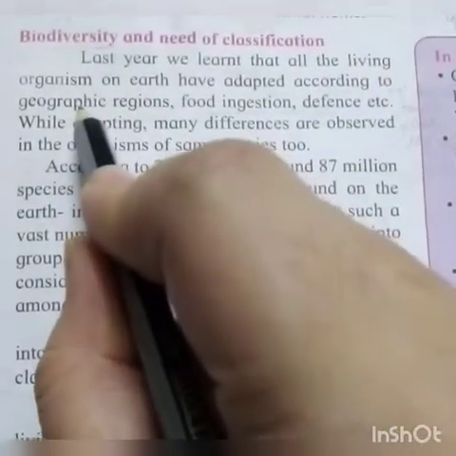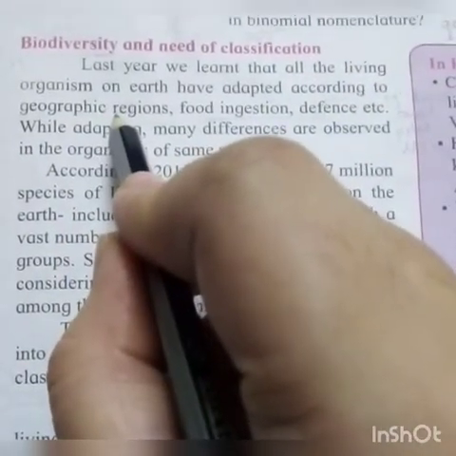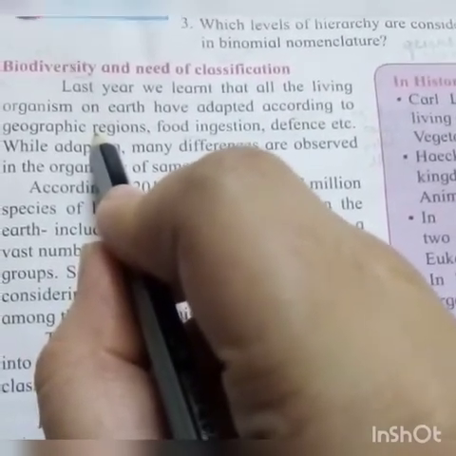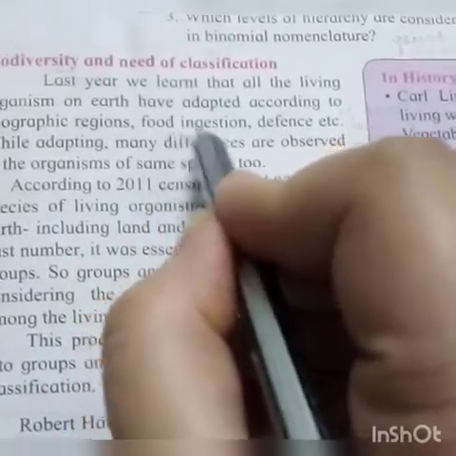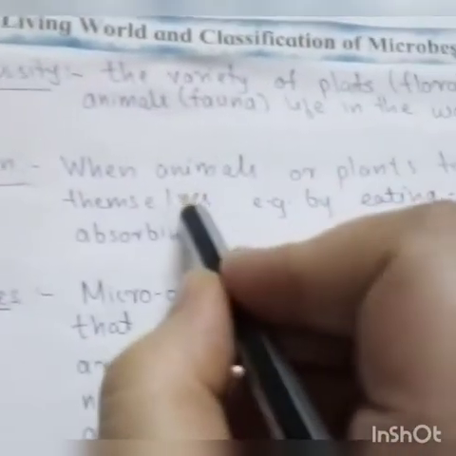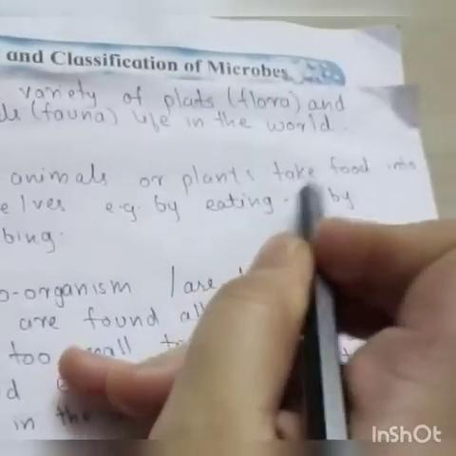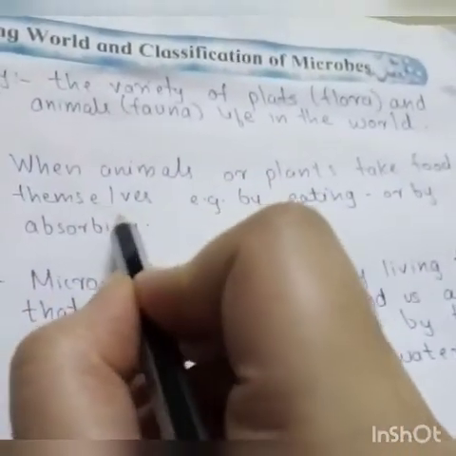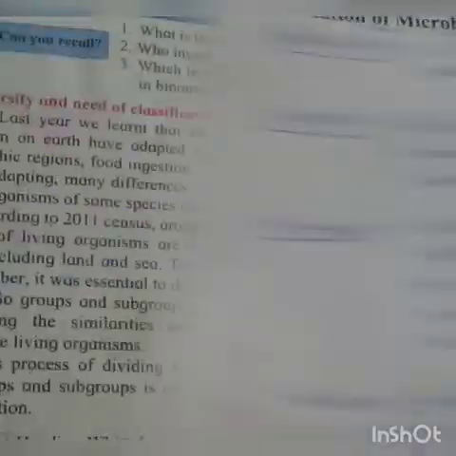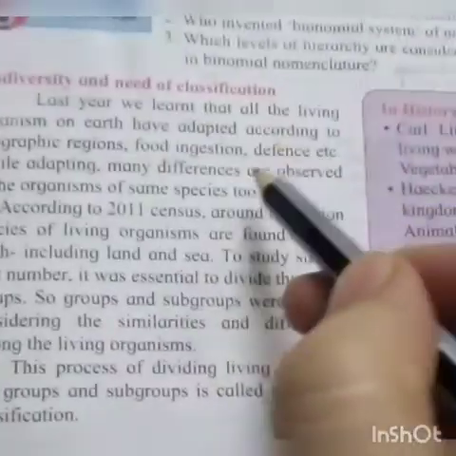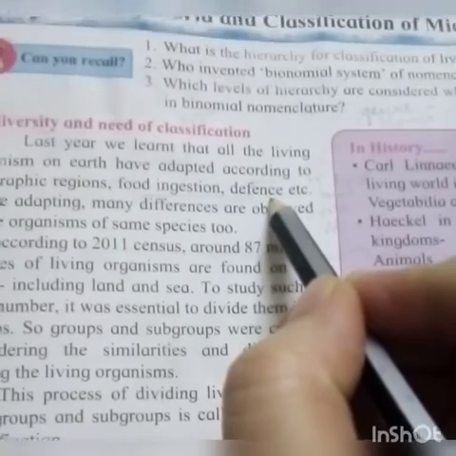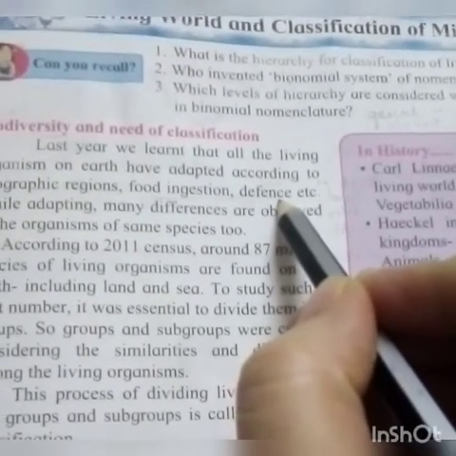For example, in geographic region, whether the region is hot, cold, or moderate. And food ingestion: what is the meaning of ingestion? When animals or plants take food inside their body, for example by eating or by absorbing. Next is defense, that means how animals protect themselves from other animals.